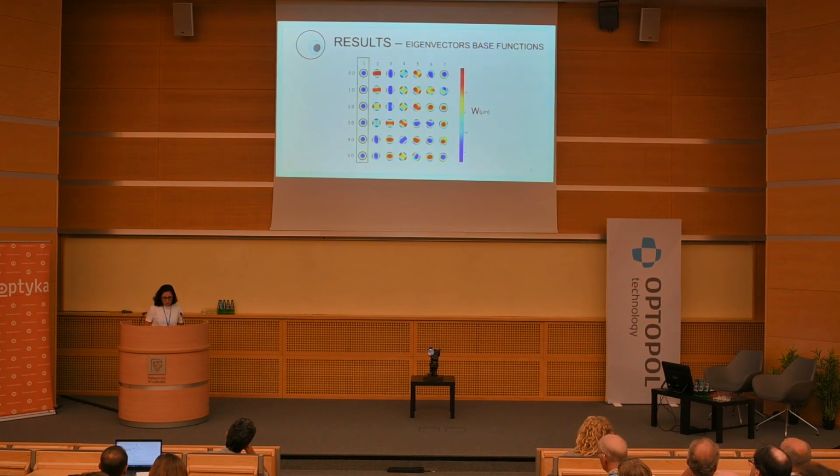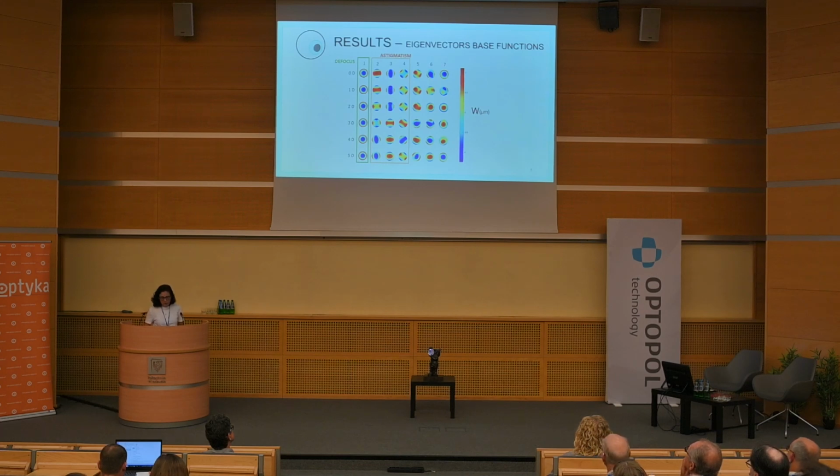I have to say that in columns are the eigenvectors, and in rows are the accommodative demands for each eigenvector. So the first eigenvector is mainly formed by the focus. The second, third, and fourth are mainly based on information from the astigmatism.